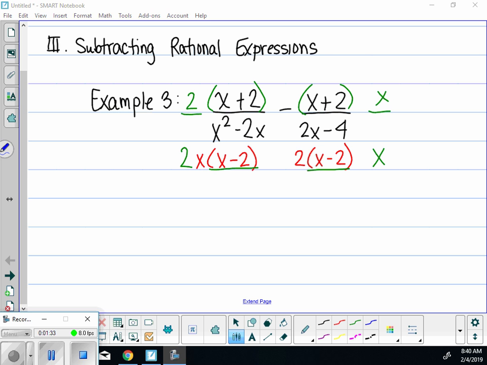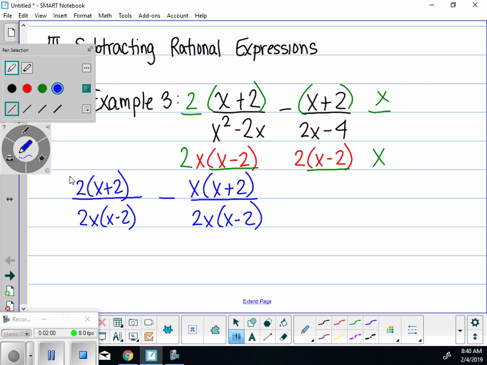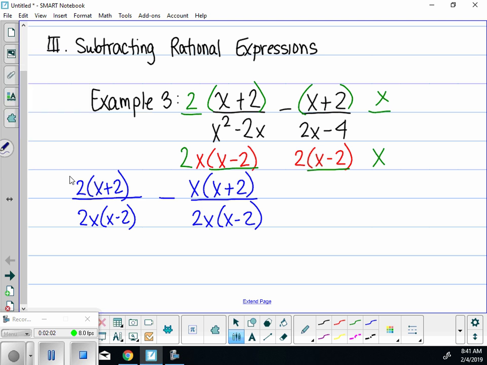So I'm going to rewrite what we have. We have 2 times x plus 2 over 2 times x minus 2 minus x times x plus 2 over 2 times x minus 2. So distribute the 2.